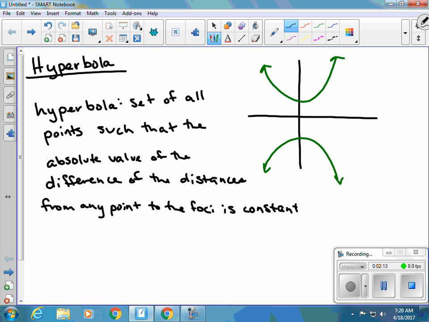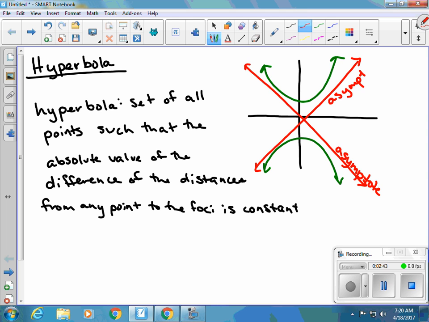So with this, I'm going to leave this picture up here and we're going to talk about some of the different things. With the hyperbola, you actually have two asymptote lines. Okay, so you have an asymptote line that goes here and here. So notice it matches up with both curves.